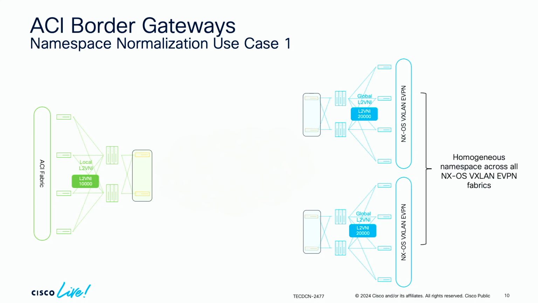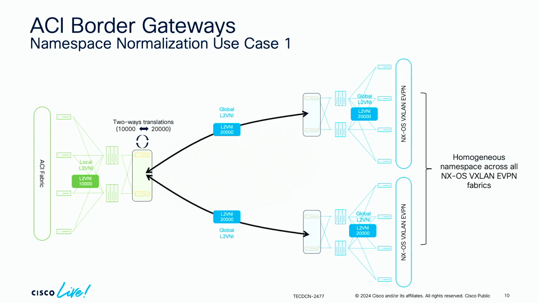And there are a couple of options. If all the namespace is homogeneous on the VXLAN EVPN side and is only different on the ACI side, we can introduce a translation function on the ACI Border Gateways, so that they translate the local resource value, like 10,000 in this example, the VNID, to 20,000, which is the remote value that matters, right?